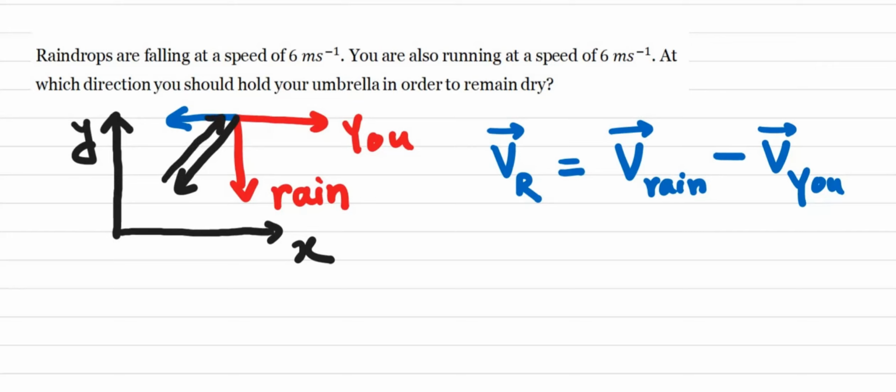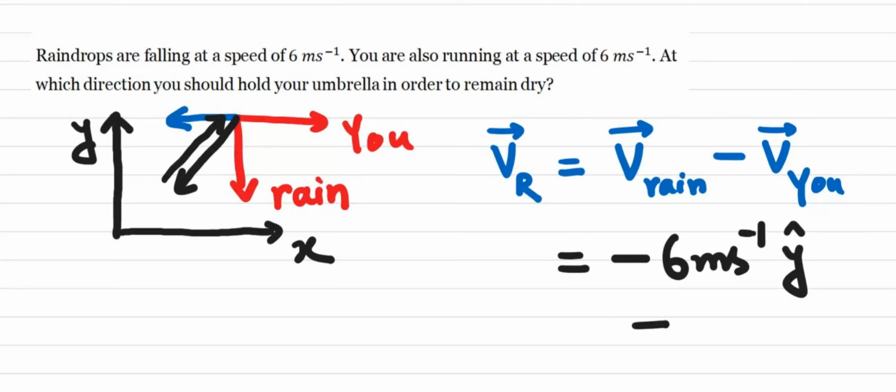In this coordinate system, the velocity of rain should be negative 6 meters per second in the y direction. Remember, this negative sign is because the rain is falling in the negative y direction. This minus is directing the direction of the raindrops.